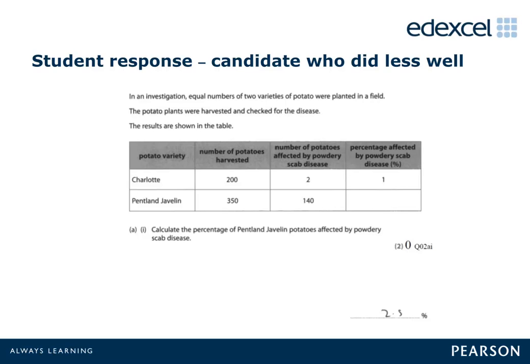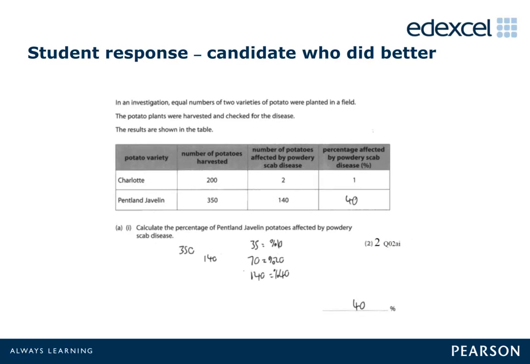They lost possible marks by not showing their working. Some candidates did better on this question, as they were able to calculate the percentage in various ways. But in all cases, they need to show their working.